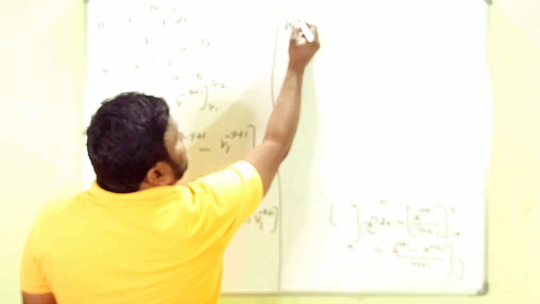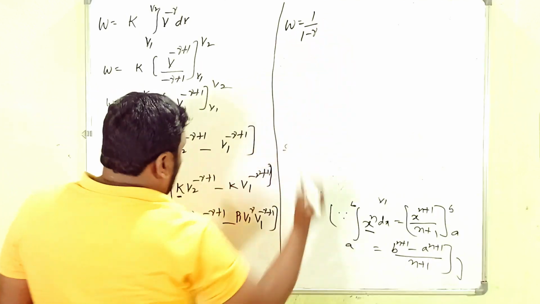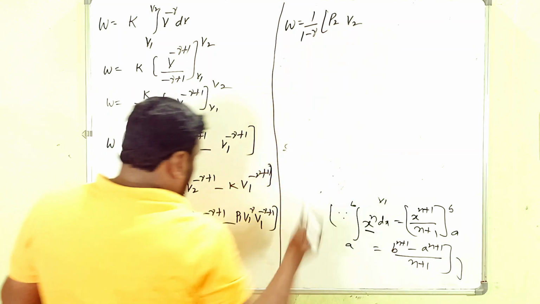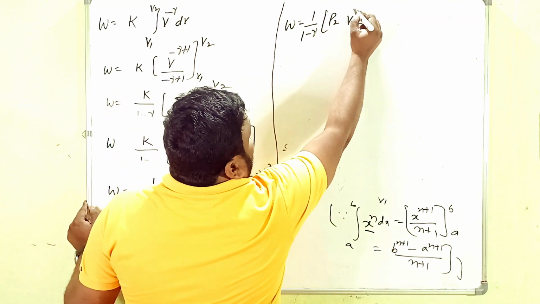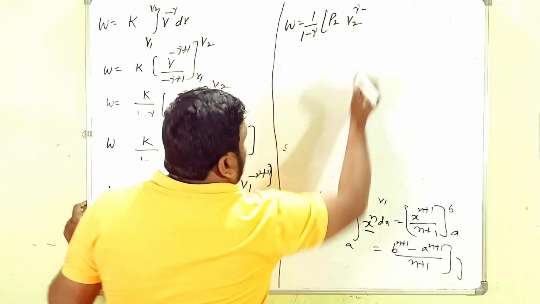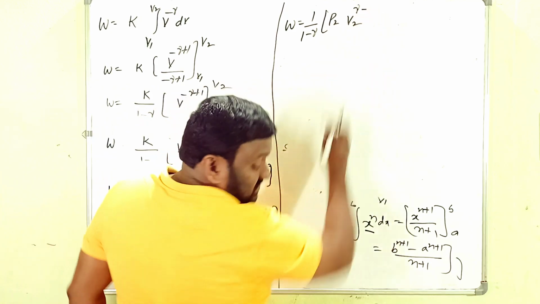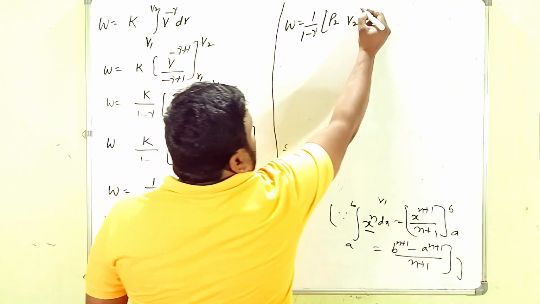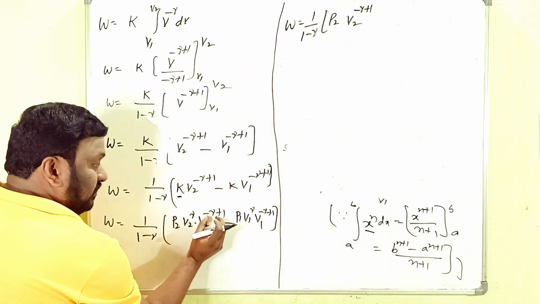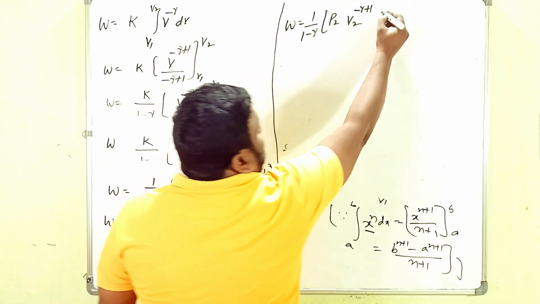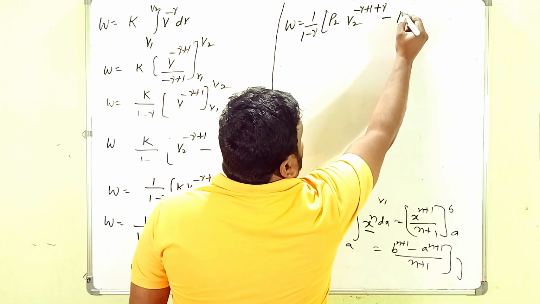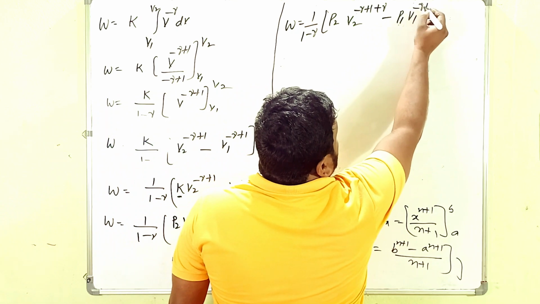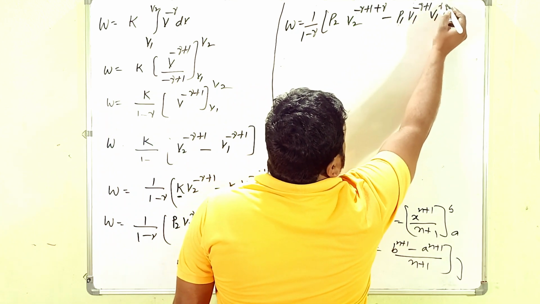Then W is equals to 1 by 1 minus gamma of P2 V2 to the power of, first I am going to write gamma, and minus gamma plus 1, gamma plus minus gamma plus 1. Again P1 V1 to the power of the same, again minus gamma plus 1 and V1 to the power of gamma.